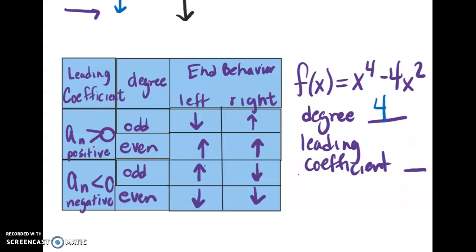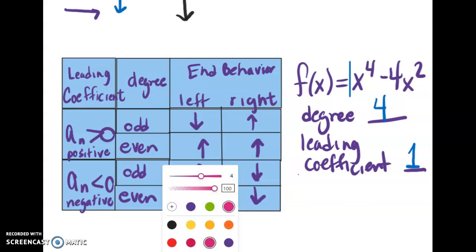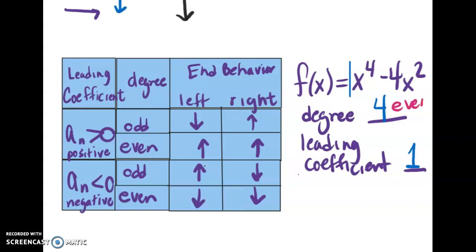The leading coefficient is the coefficient on that term, which in this case would be 1. Even though the 1 is not written, we know there's a 1 there. So from that, I know that I have an even degree and a positive leading coefficient.